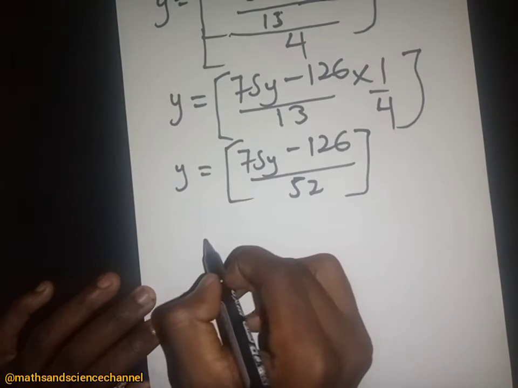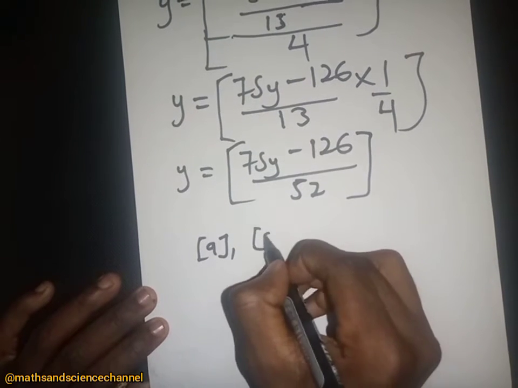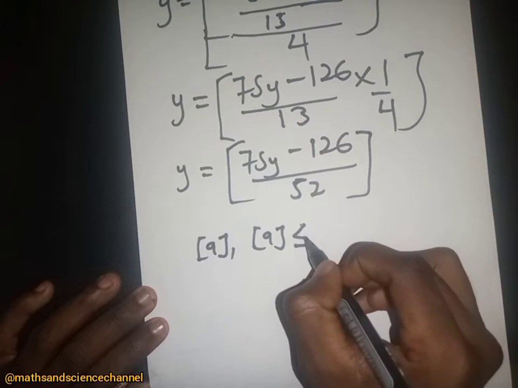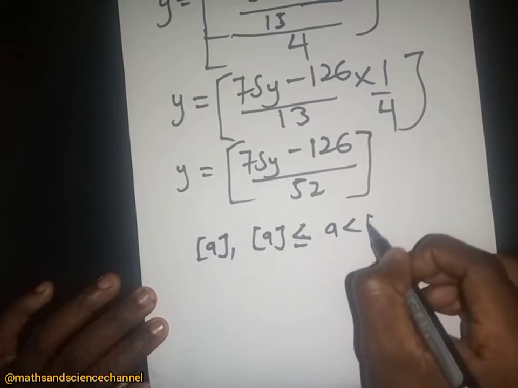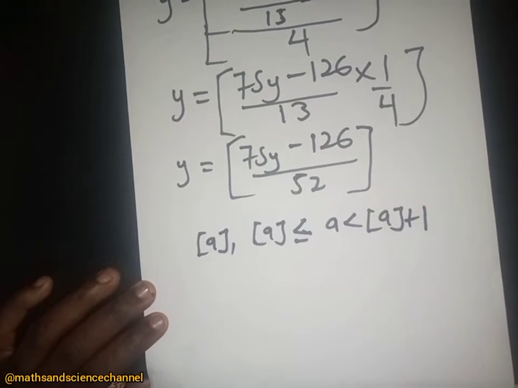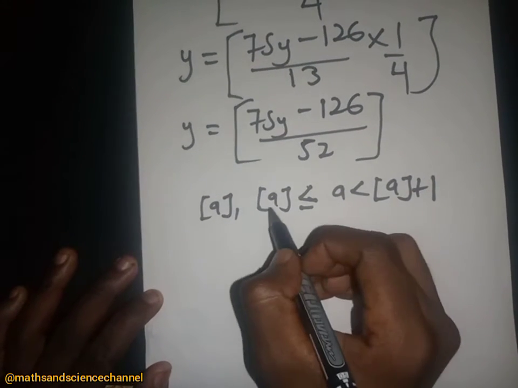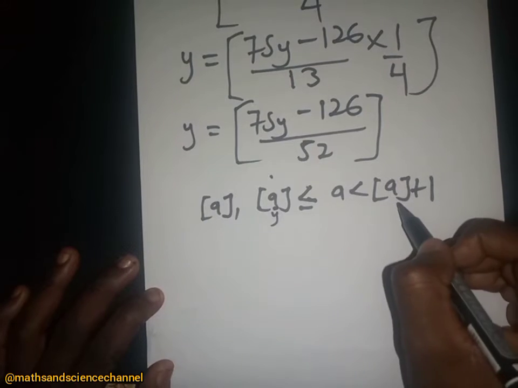So anything in the square brackets here should be less than or equal to a, then less than a plus 1. This is a condition where a here is just y.